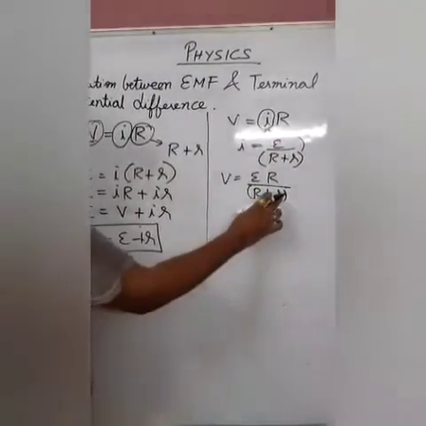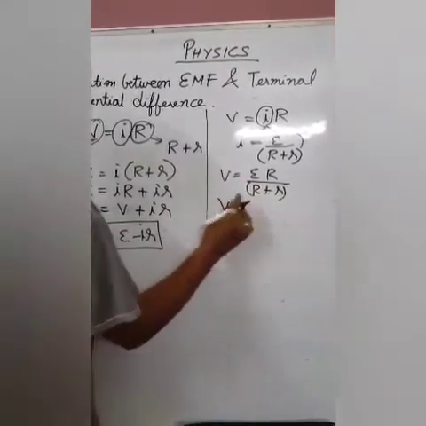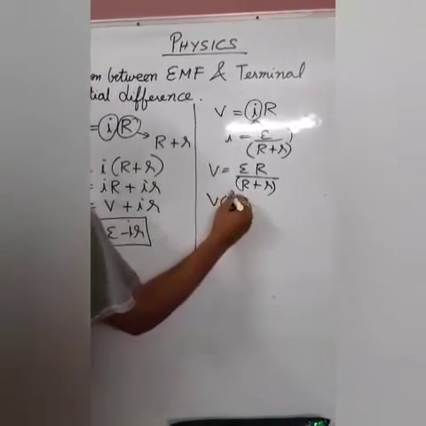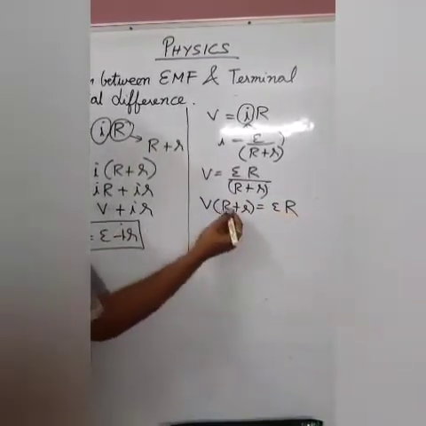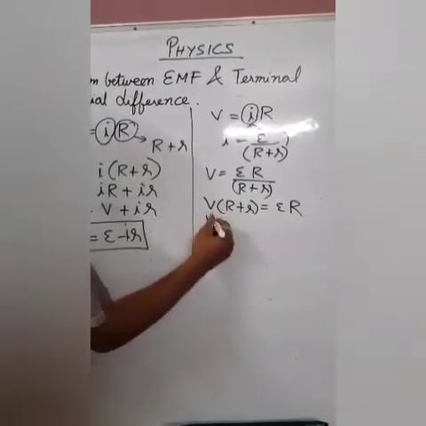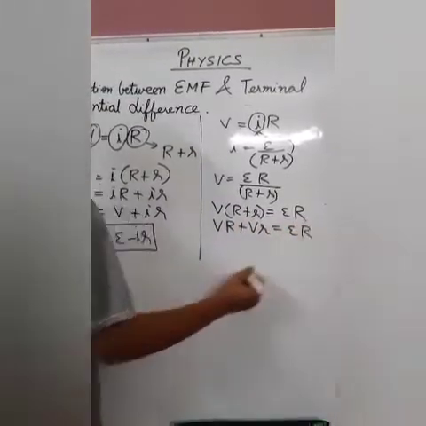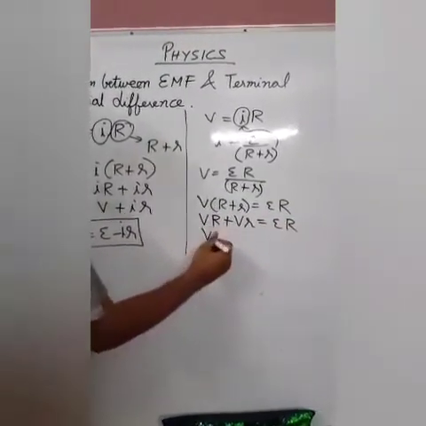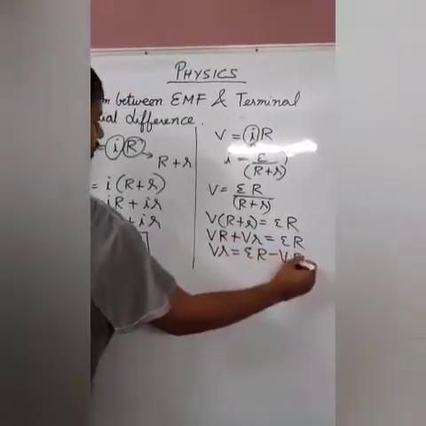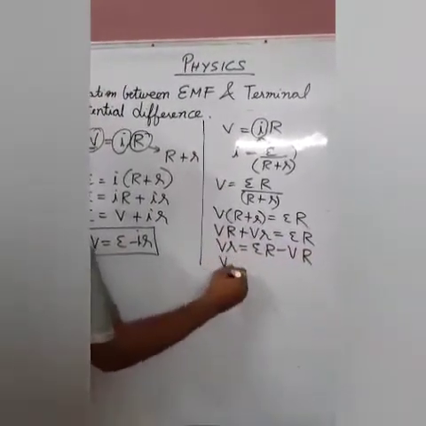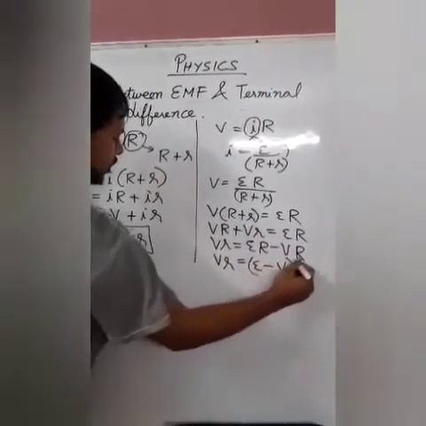From this we can keep small r as subject. So V into (R plus r) is equal to ER. If we open this bracket, then it would become VR plus Vr is equal to ER. Now keeping this as subject, Vr is equal to ER minus VR. From this I am going to take out R as common.